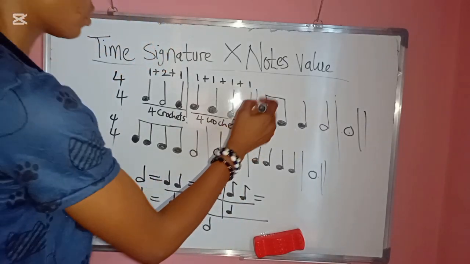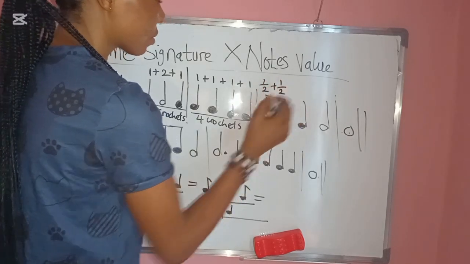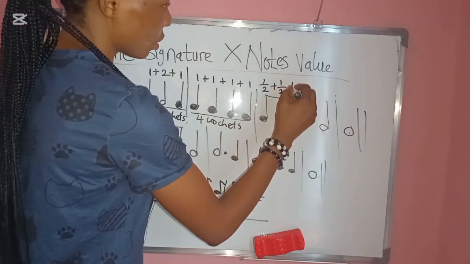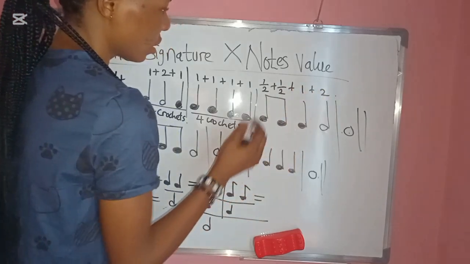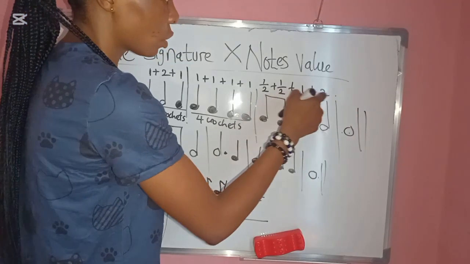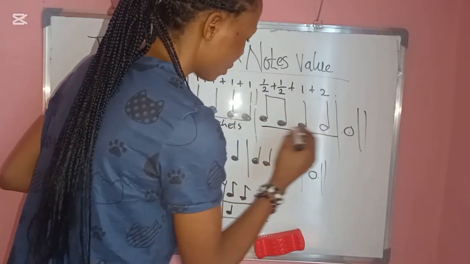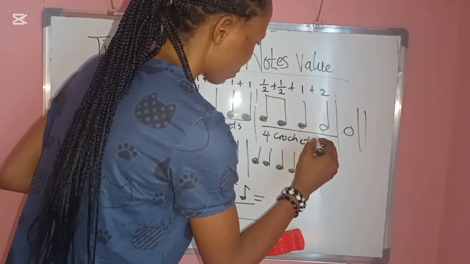So this one now will be half plus half, plus 1 crochet here, plus minim, which is 2 crochets. So half plus half is 1, plus 1, 2, plus 2. So you see that this is a complete 4 crochets.